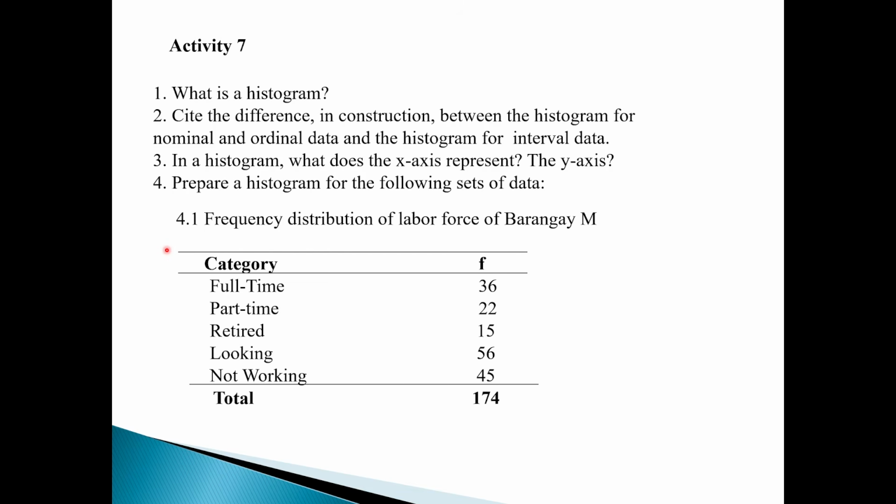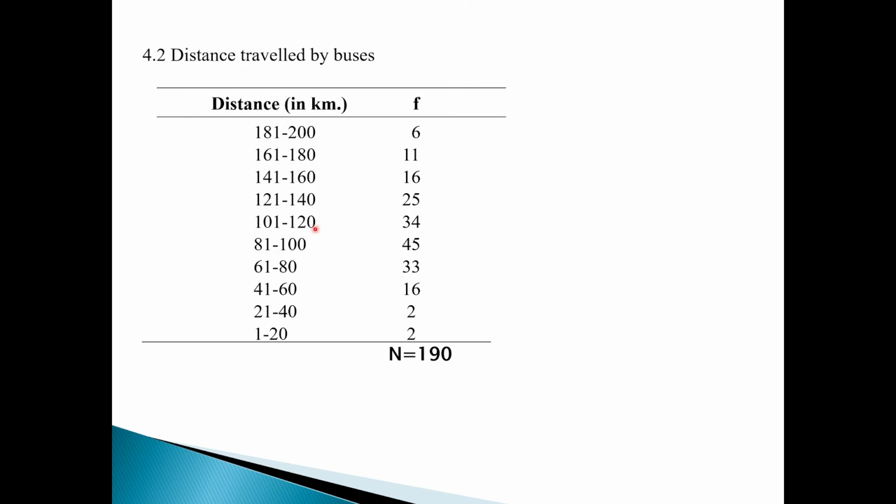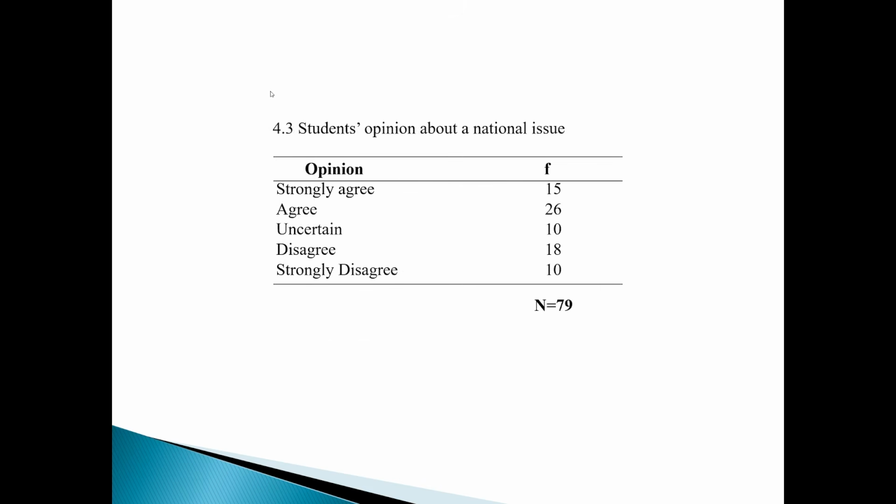So prepare a histogram for the following. So, okay, this is 4.1. I'm sure you already know that this is for your ordinal data. And then, of course, this is another for interval data. You should follow the steps. Okay, and then, of course, another one for your ordinal data again.